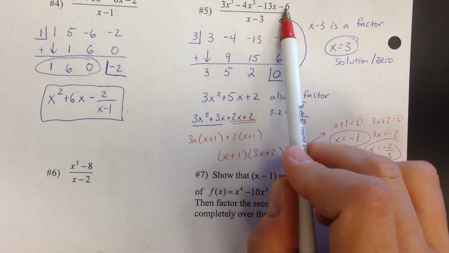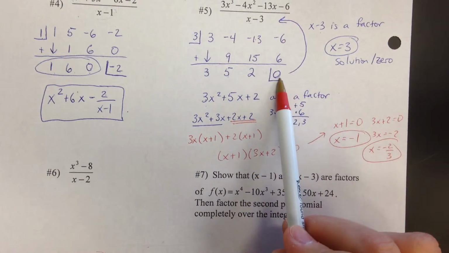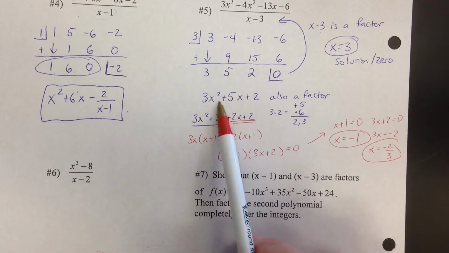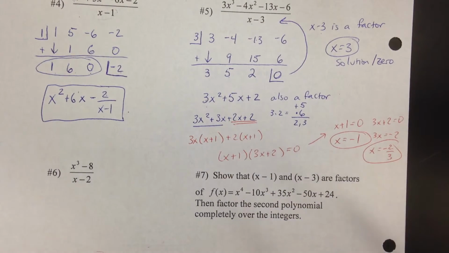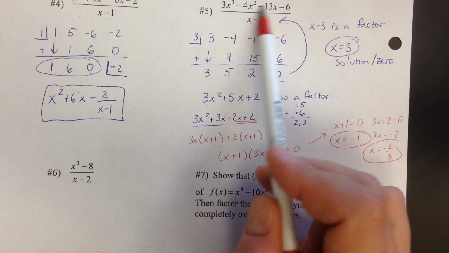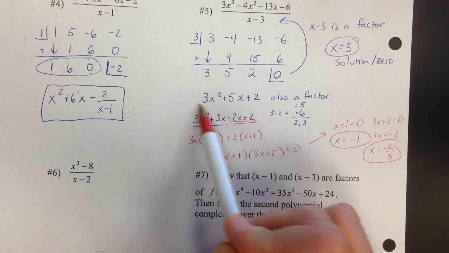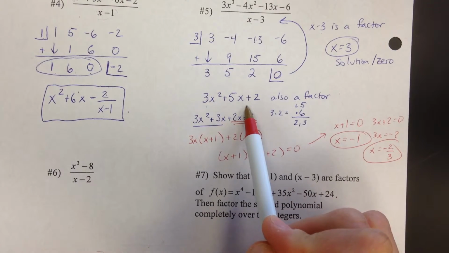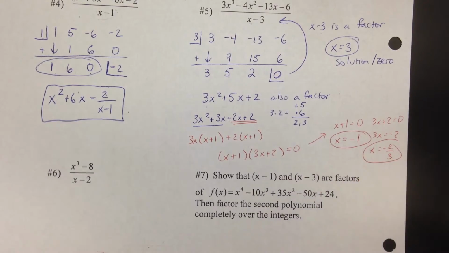If you want to think of this as an equation, we can use synthetic division to break it down and then possibly factor at the end to finish it off. Okay, so these would be the solutions. Now, the actual answer to this, just the division part, is 3x squared plus 5x plus 2. But if we were solving it, then we could continue on with this.